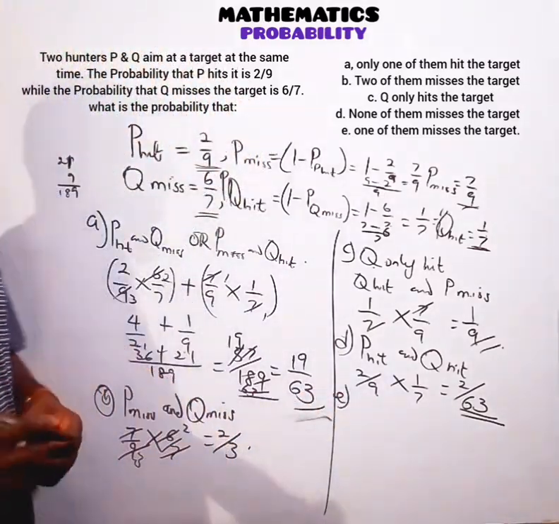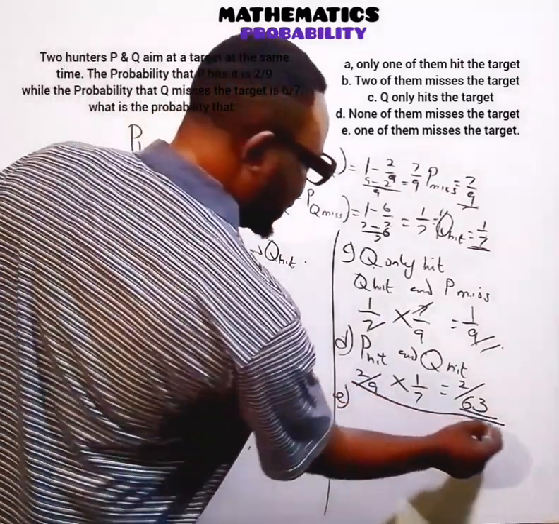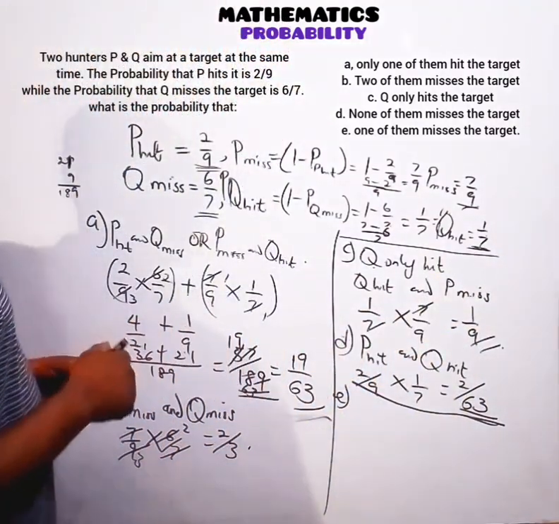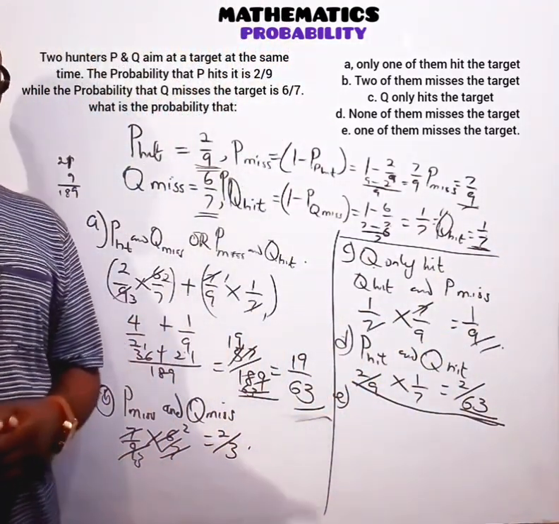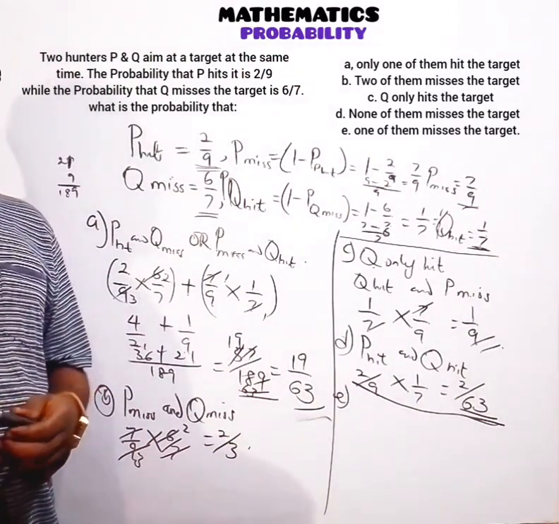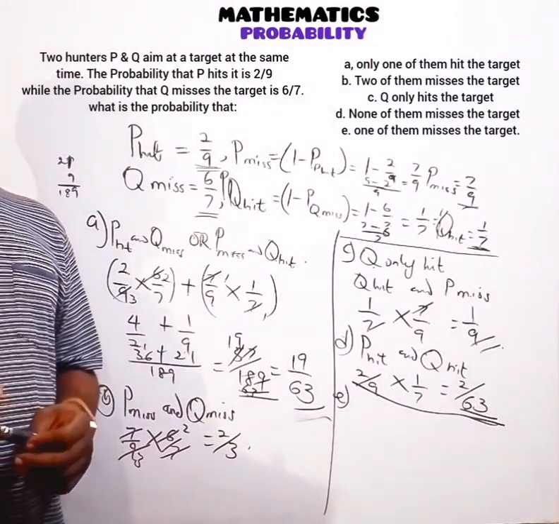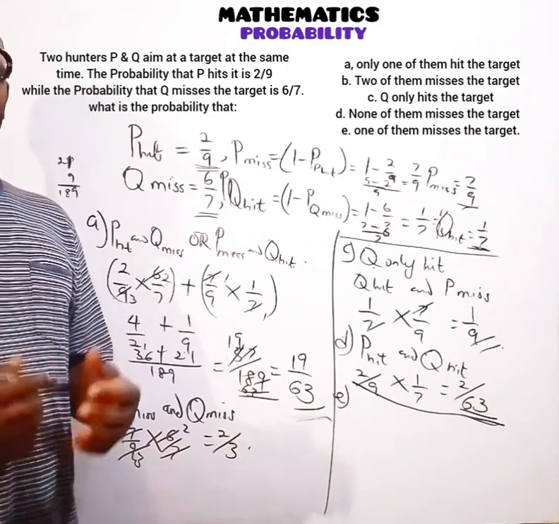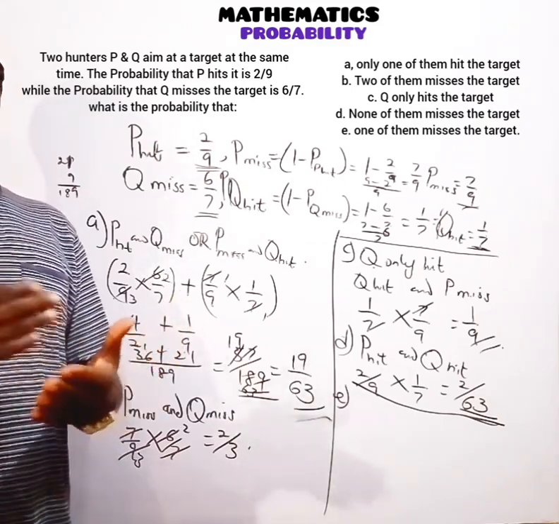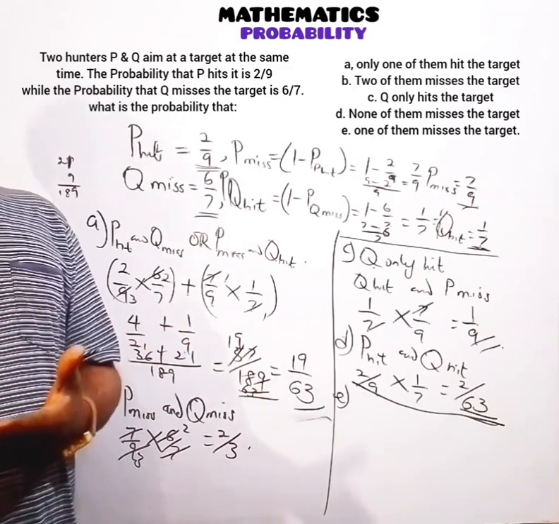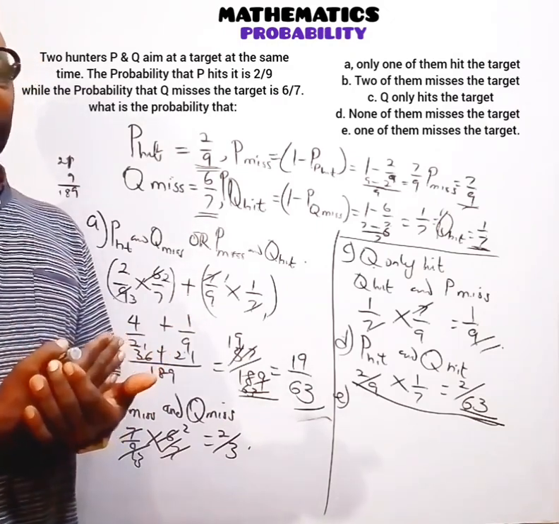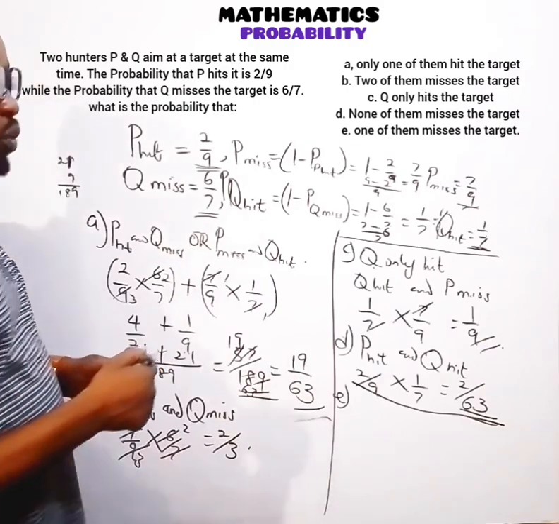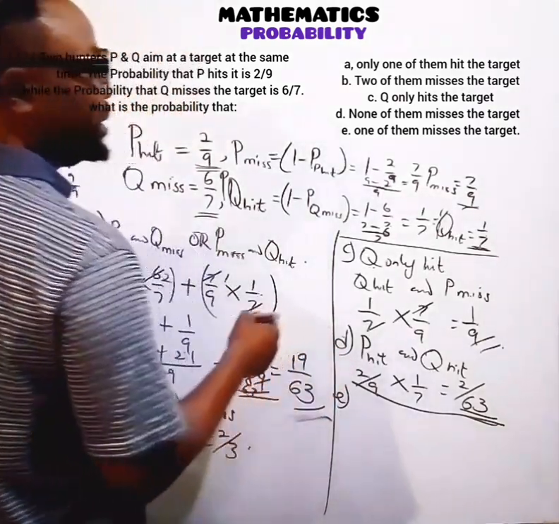The last question says that one of them missed the target. We do not know the exact one. So it means that either P missed the target and Q hit it, or P hit the target and Q missed it. So one of them missed the target.